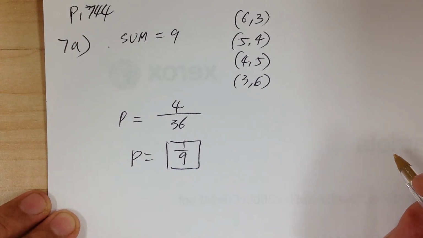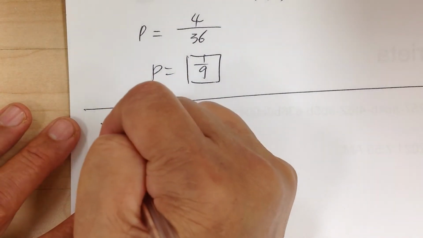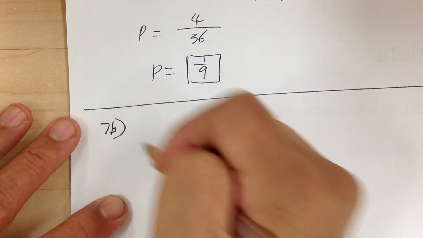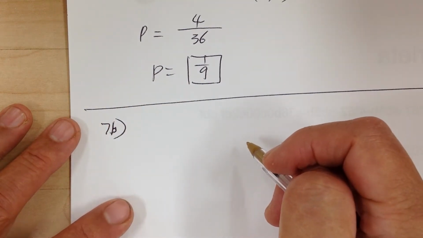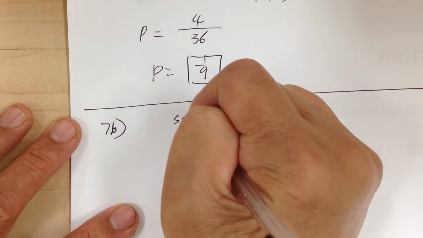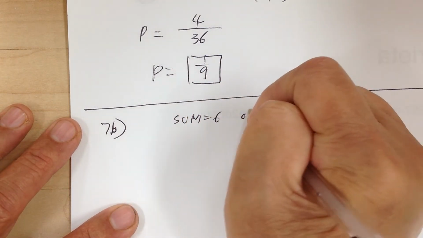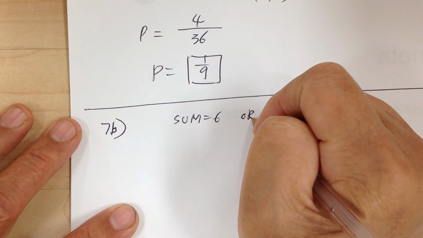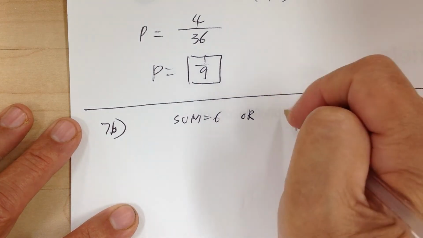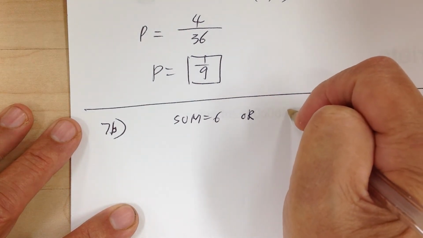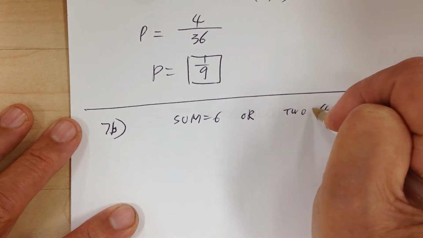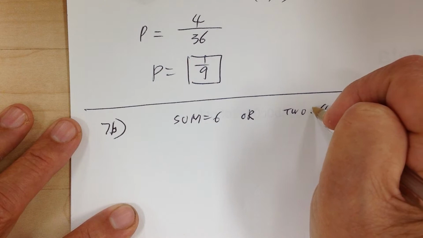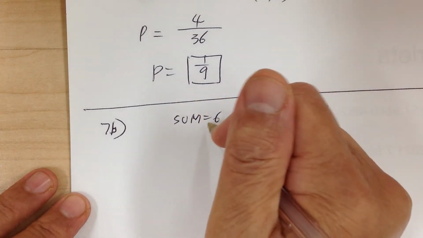Okay, let's do part B. Either the sum of the numbers up is 6, or both numbers turned up are 4. So let's do the 6 first.